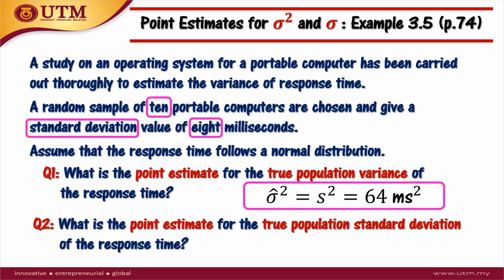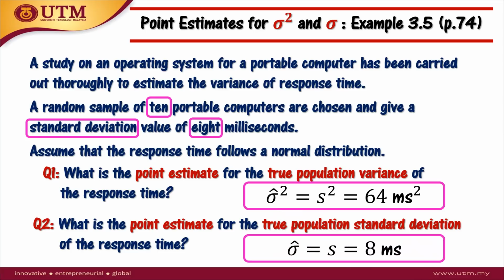Next, for question 2, the answer is the sample standard deviation S, which is equal to 8 milliseconds. As mentioned before, this value can be recognized directly from the sample information.